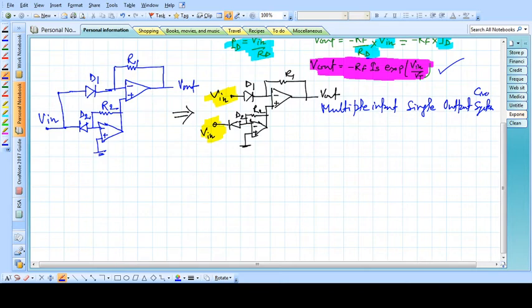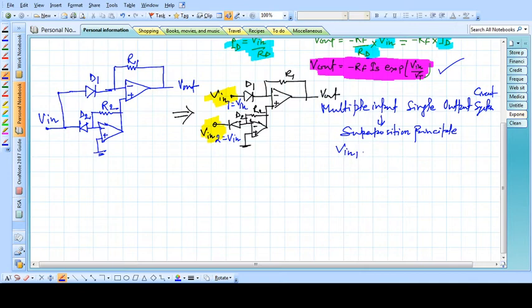Okay, so in such cases we have to use the superposition principle, very simple superposition principle, in which we take V in 1 equals to V in, and V in 2 equals to V in.